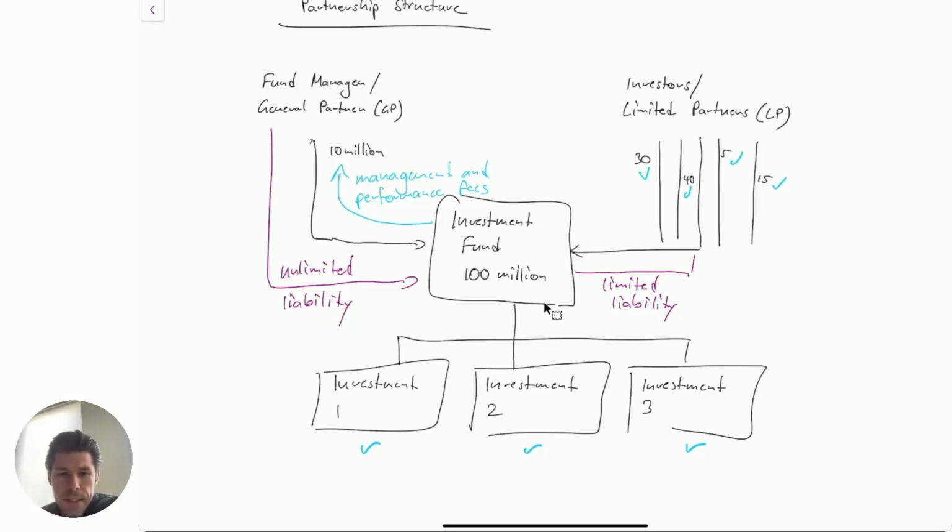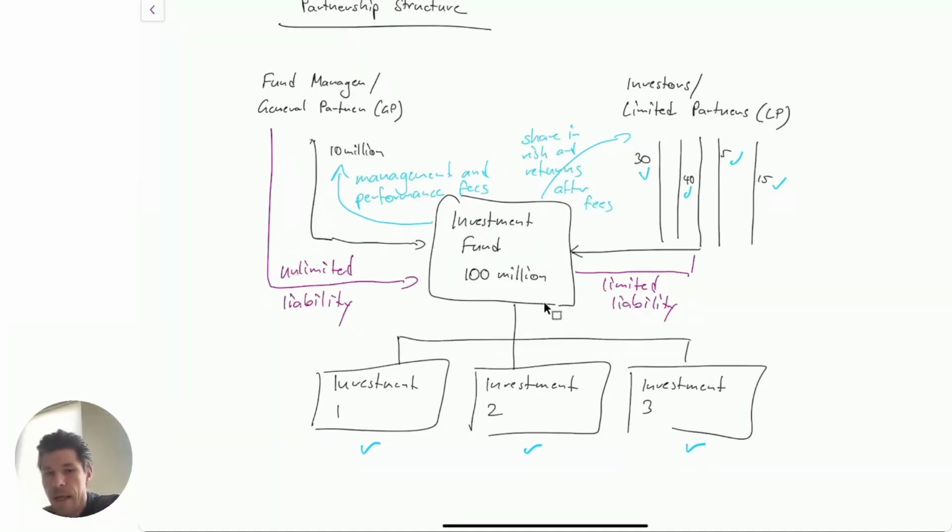From a limited partner perspective, they share in risk, depending on how much they put in, and also in returns. Yeah, after the fees to the general partners have been paid.